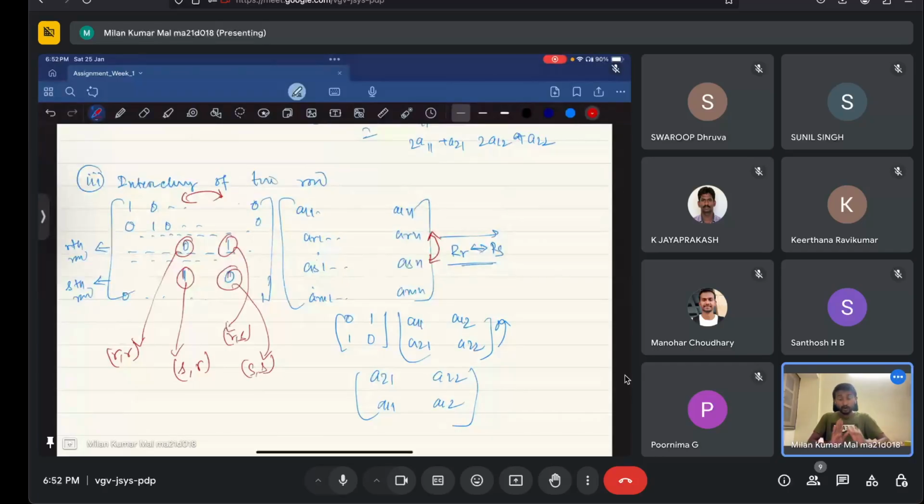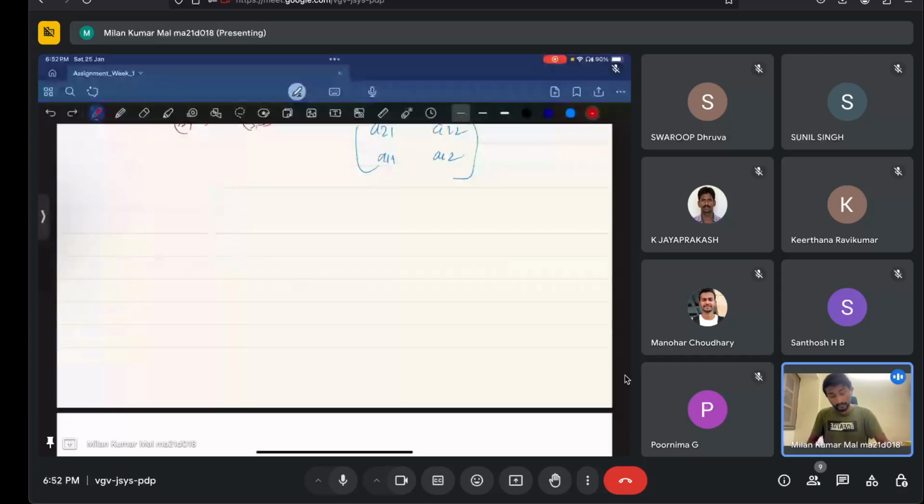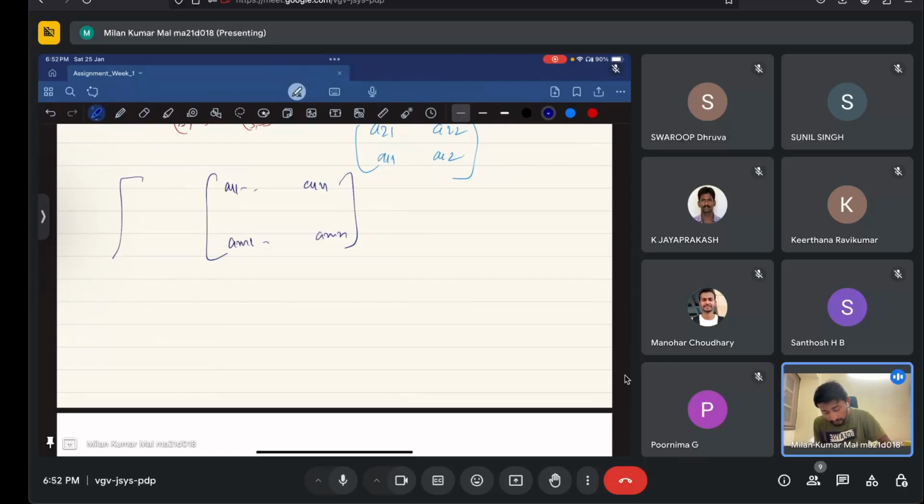But what we are saying, elementary row operation means, suppose we have a matrix A, a11 to a1n and so on up to amn, and we are doing elementary row operations. That means a finite number of elementary row operations. What we are doing is multiplying the left-hand side by an elementary matrix like E1, those things.